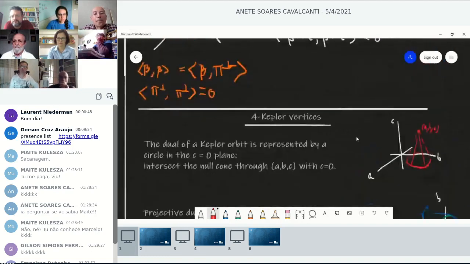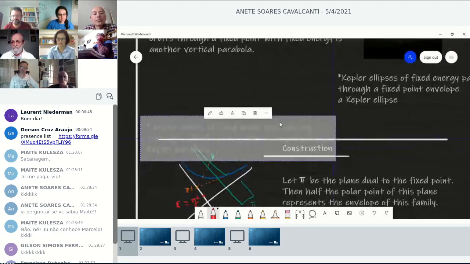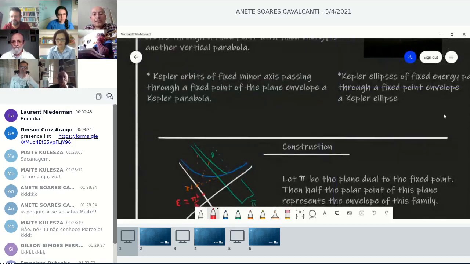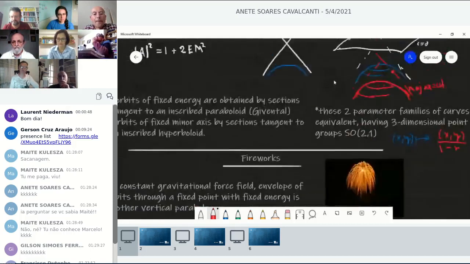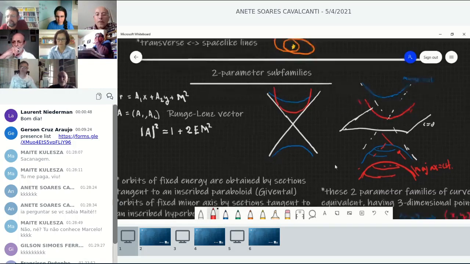I'm not sure about the cylinder, but we did think about fixed angular momentum. We found that they represent intersections with fixed planes passing through a fixed point, or in these coordinates, say just a flat plane, c equal constant.